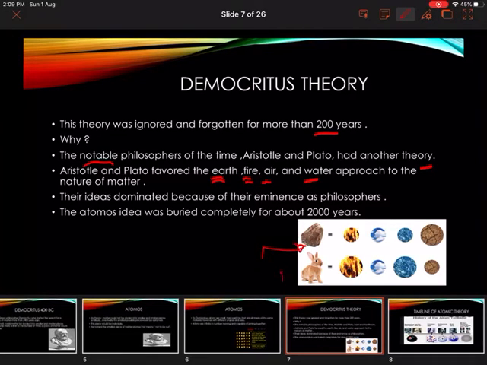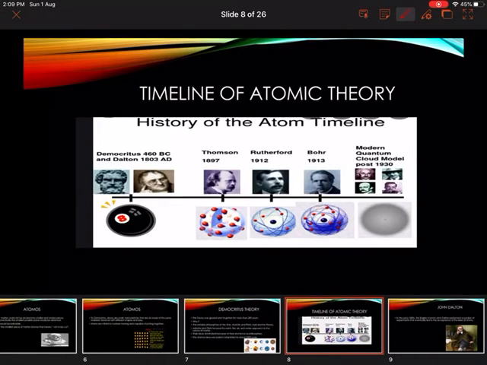So this stone is made up of these, and this rabbit is made up of these. Their ideas, unfortunately, dominated at that time because of their eminence as philosophers. The atom idea was buried completely for about 2,000 years. But later, other scientists would come with more experiments and tell us what's inside the atom.